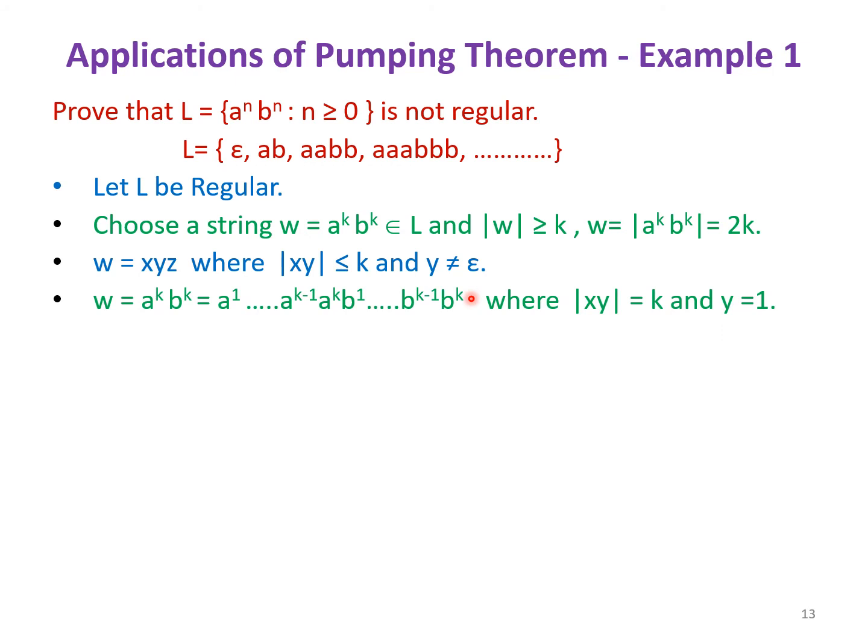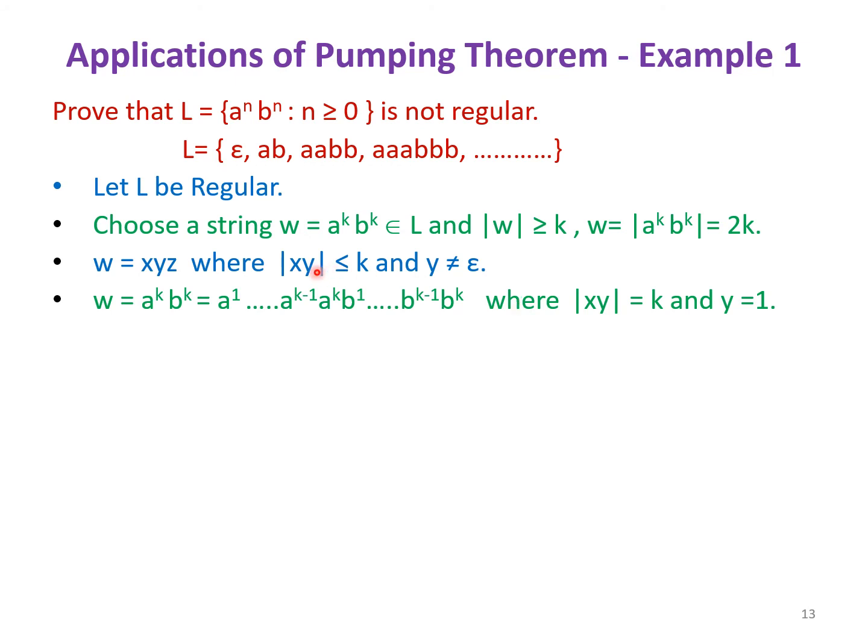So we split w, which is a raised to k, b raised to k, equal to a1, a2, and so on up to a(k-1), ak, that is k number of a's, followed by b1, b2, and so on up to b(k-1), bk, k number of b's.